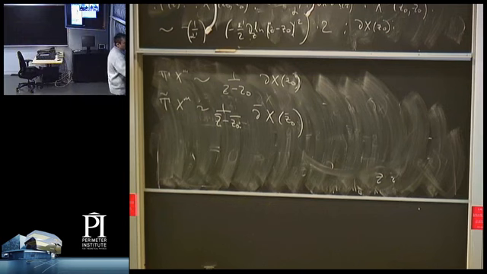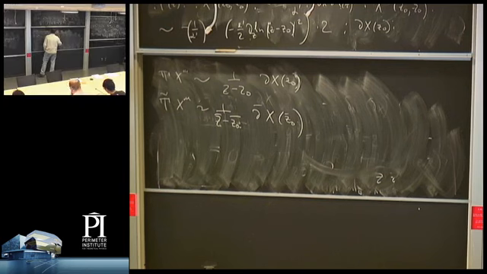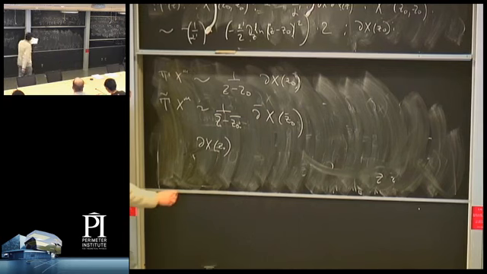So this will be 1 over z bar minus z0 bar, times del bar x. Very good. So now we can use our Ward identity, which is up there. So the residue is going to be simply that coefficient. And so what do we have? We have del x of z0 plus del bar x of z0 bar.